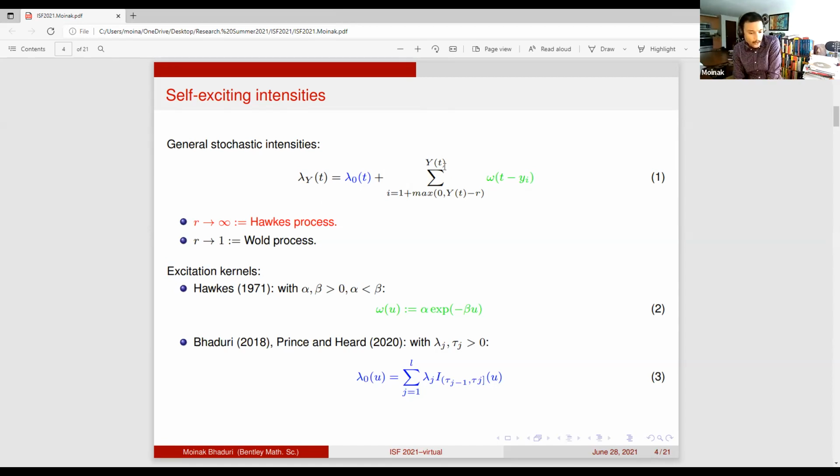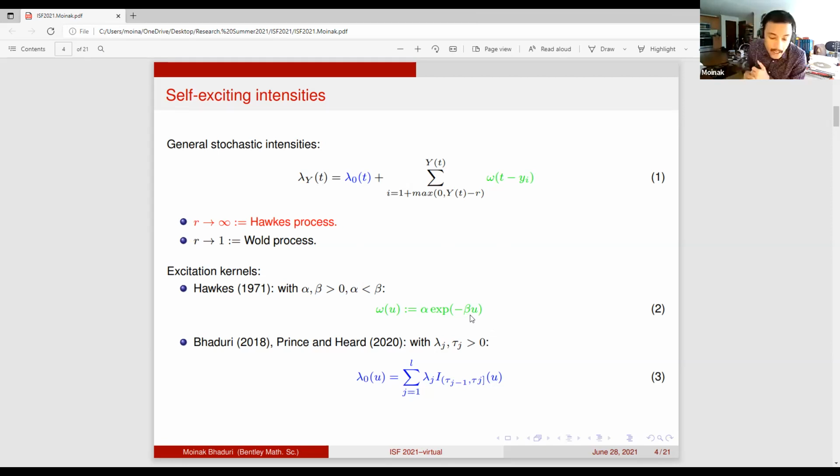And depending on your choice of the green memory kernel, you'll have different interpretations, different understandings of this forgetting-the-past property. One very common choice of this green kernel is the exponential choice, where a high value for beta will tell you that you're forgetting the past very fast. Your memory decays very rapidly, while a very low value for beta will tell you that you have a long memory.